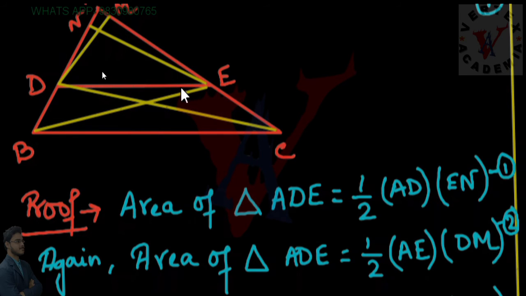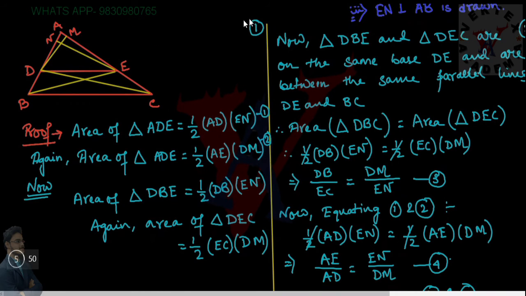I think you need a bit more understanding for this, so let me make you understand. For example, you have a triangle like this, and let this base be extended.